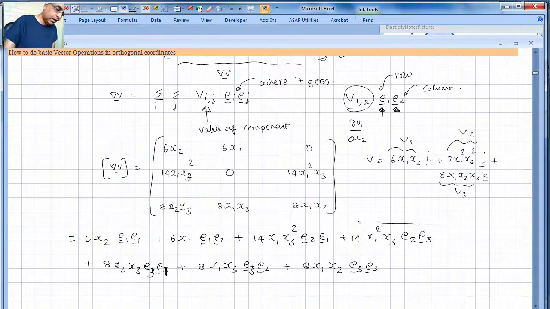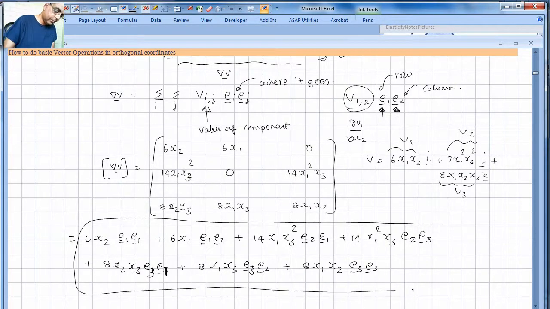So this is an alternative way of writing, and there are certain uses to it because it tells you which coordinate system I am using. In fact, I could have used ii, ij, ik, then ji, jj, jk, and ki, kj, kk.